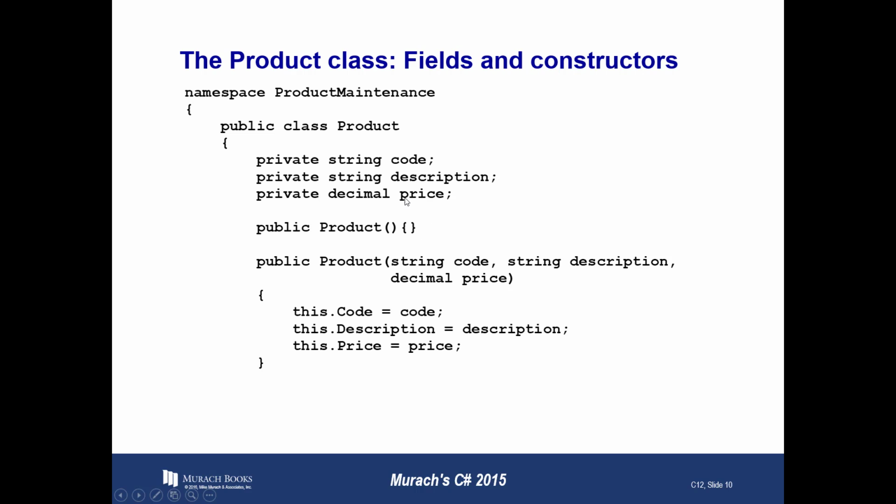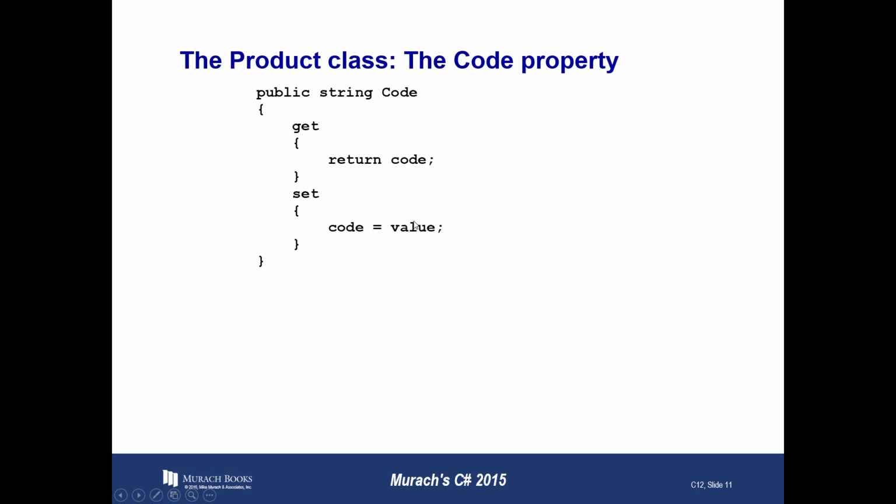Now notice code, description, and price are all lowercase. But when you create these properties, which are typically referred to as getters and setters, getters return the current value of a variable, and setters allow you to set the value of the variable. The first letter of the name becomes capitalized. Notice we're returning code, or we're setting it.